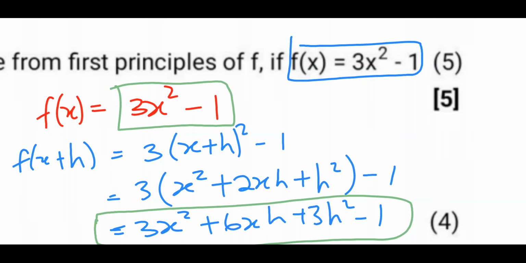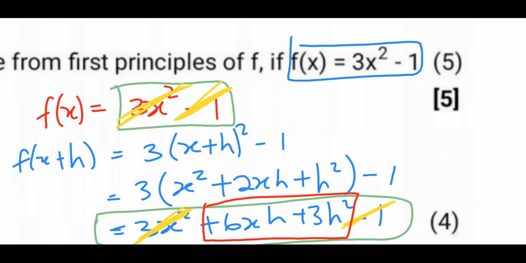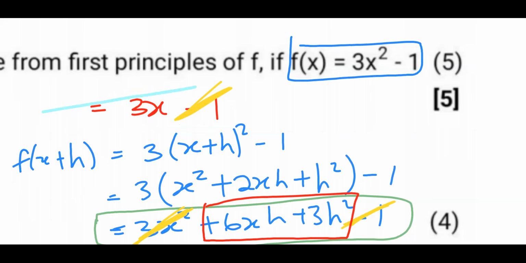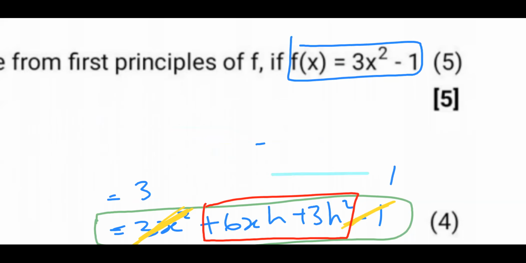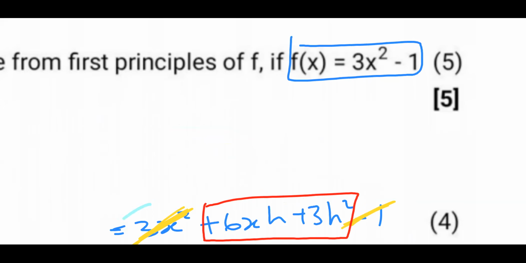Notice that while you are minusing those functions, the 3x squared cancels with this 3x squared, and the minus 1 will cancel out with that minus 1 because you're minusing them from each other. So you are basically only left with that middle section, which is 6xh plus 3h squared. So that's the only part I'm going to write on top. So substituting into the formula, that section there is the only thing I'll write on top.